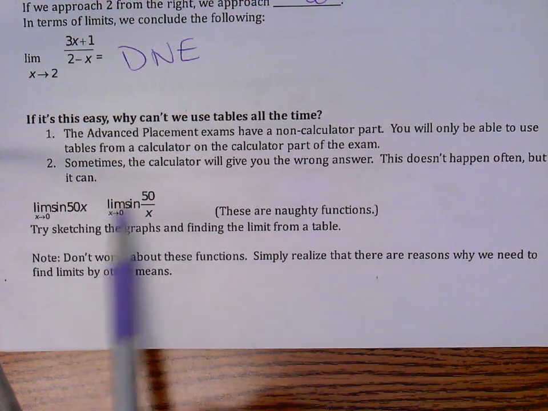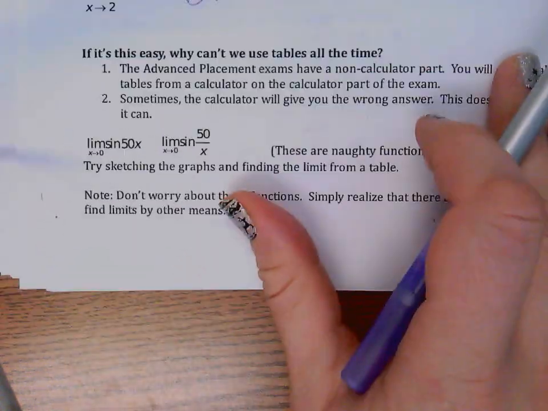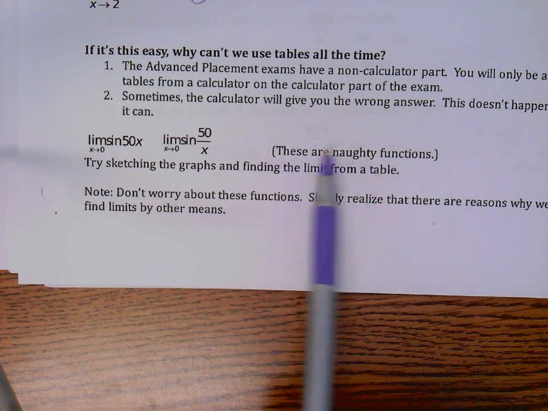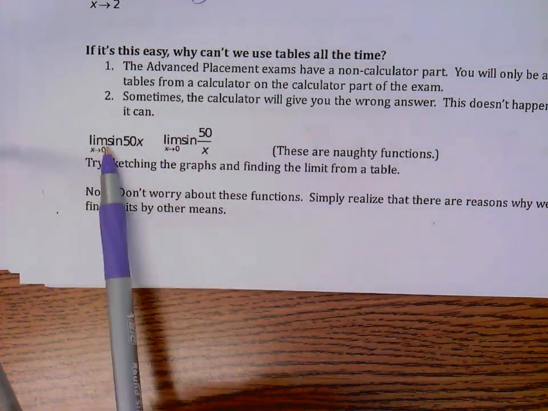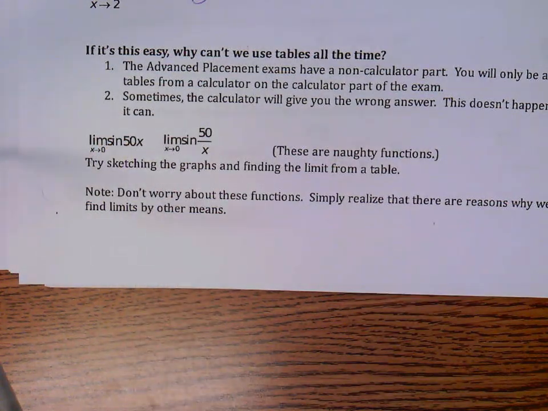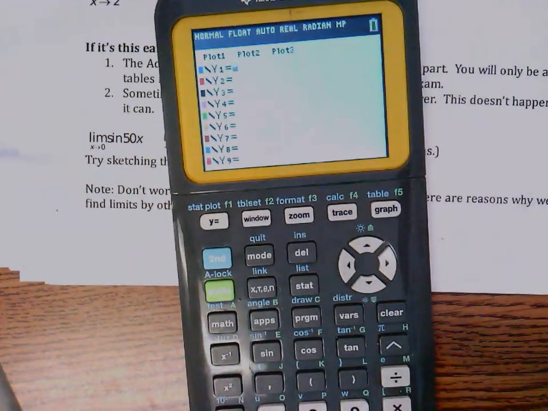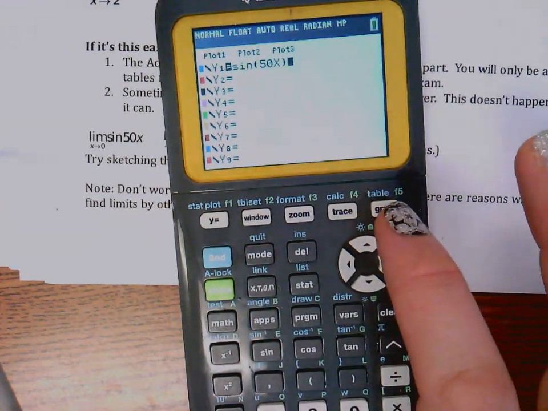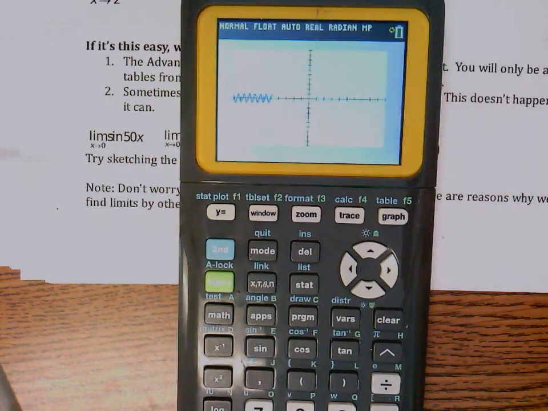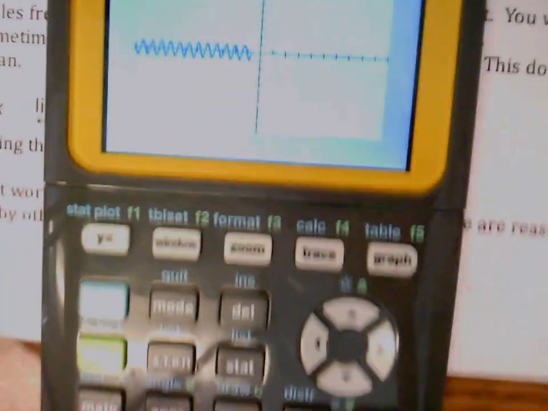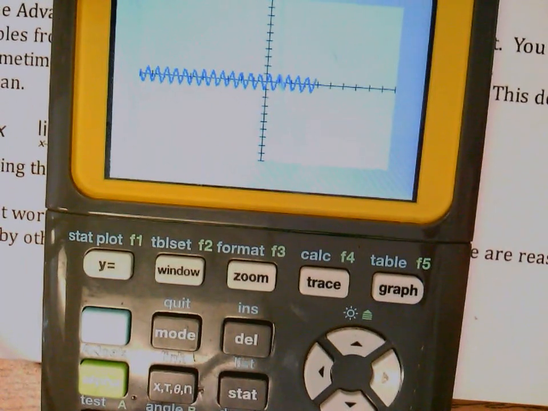So this is just an example of a couple different functions. Dr. Lloyd called them naughty functions, but try sketching the graph. If you just look at what the sine of 50x looks like, I think if I just do zoom 6, it's oscillating so much that it's hard to get an appropriate limit.